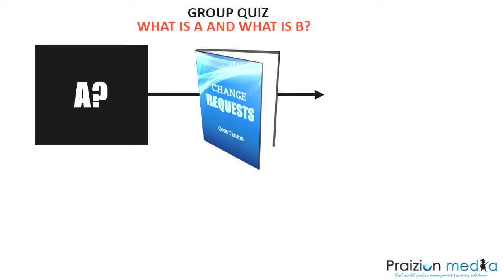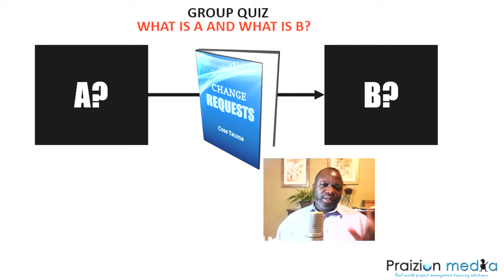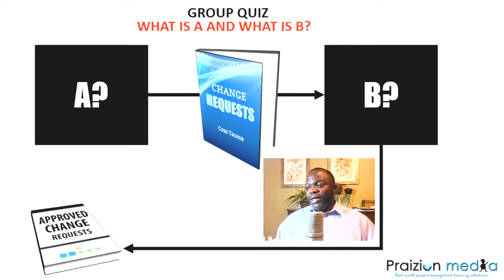Now you're probably wondering, is that even doable today? Yes, it is. We're going to find out all the places that change requests come from. Change requests go into a process B, which I hope you know in your sleep. And from process B, we get an output called approved change requests. So let's go. Let's find out where change requests come from.